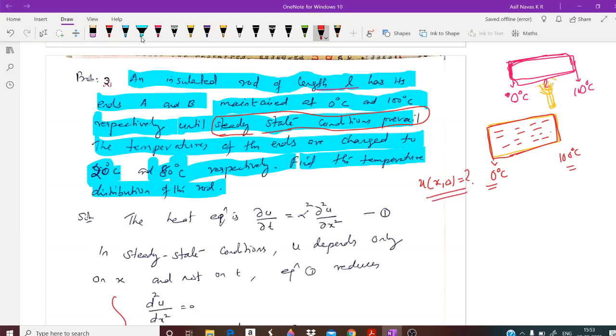So we want to find out the temperature on the rod at the starting time. But it is given that the rod is in a steady state condition, that means the temperature doesn't depend upon time.